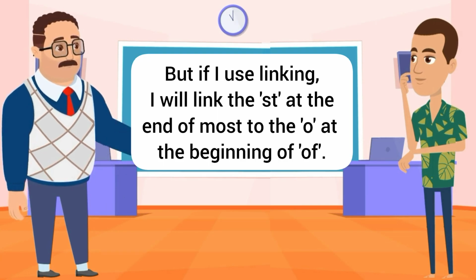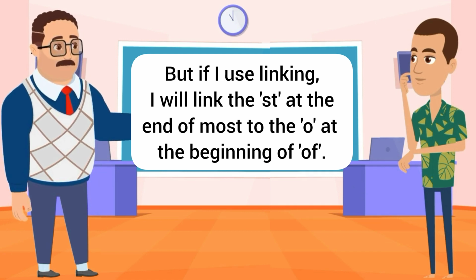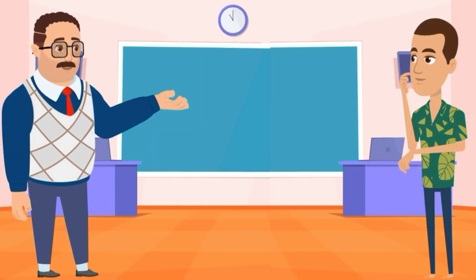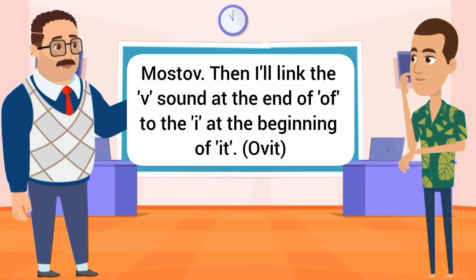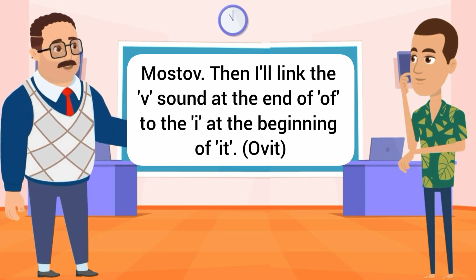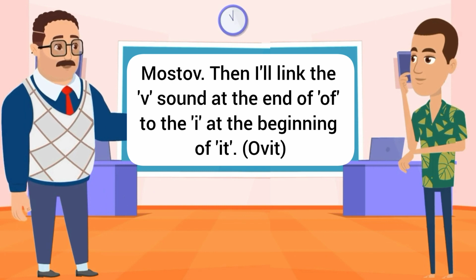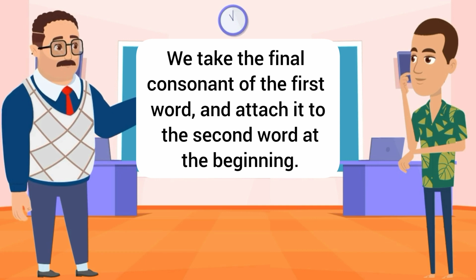But if I use linking, I will link the t sound at the end of most to the o at the beginning of of: mostov. Then I'll link the v sound at the end of of to the i at the beginning of it: ovit. We take the final consonant of the first word and attach it to the second word at the beginning.